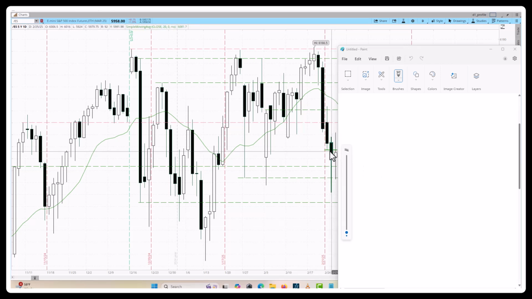If we look at that perspective, all right? But if we look from a different perspective, obviously we can see that it can be a short setup. You know why? Because we see that it tests from above twice at this level.